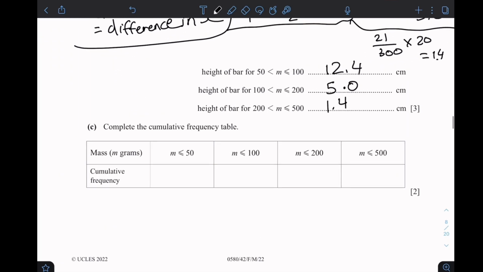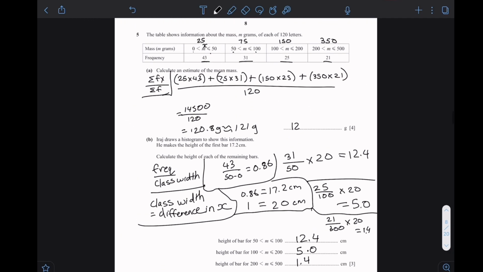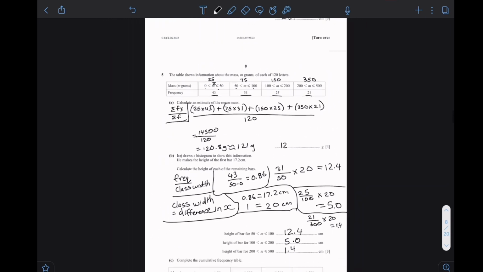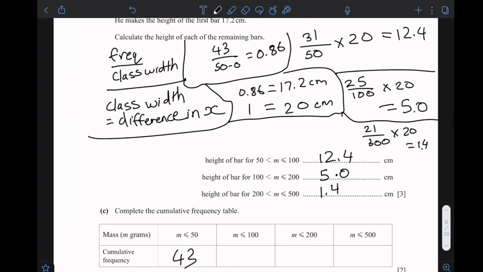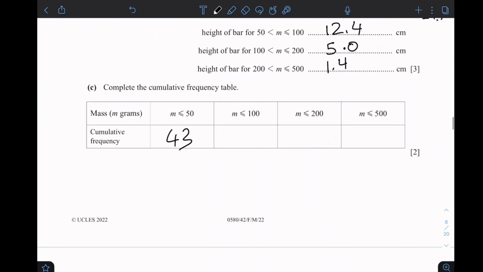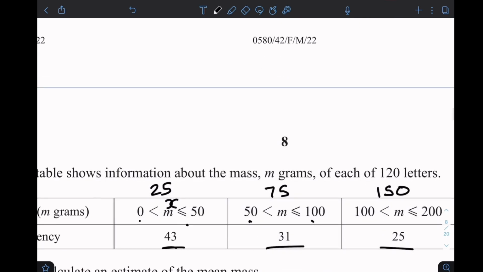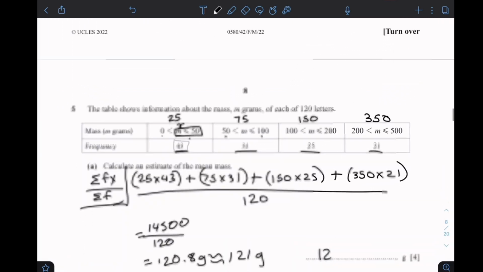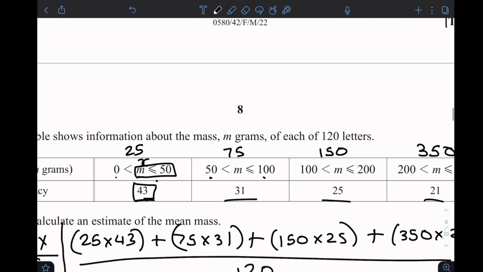Now complete the cumulative frequency table. So it's 43. Okay, cumulative is basically you're adding one frequency to another. So now m is less than or equal to 50, which is 43, and m is less than or equal to 100.